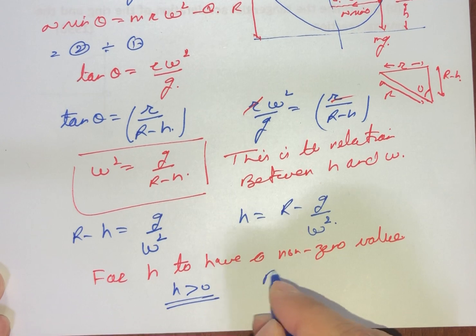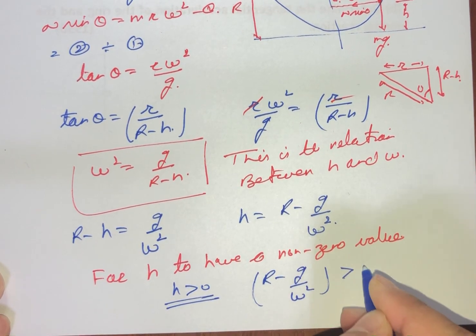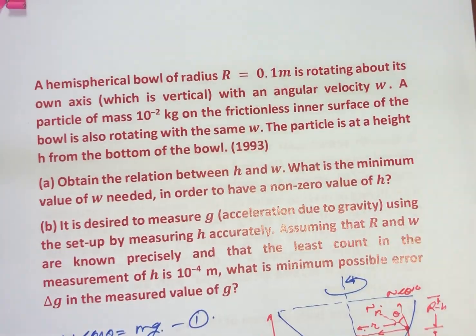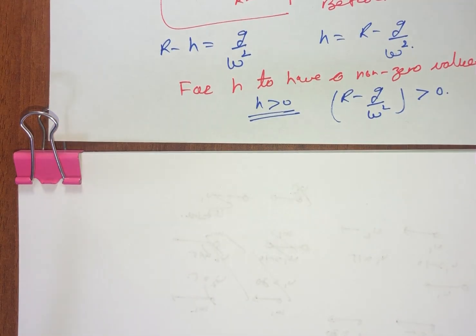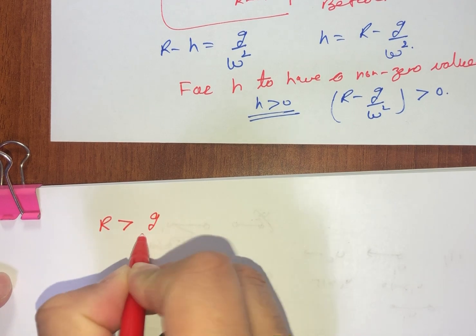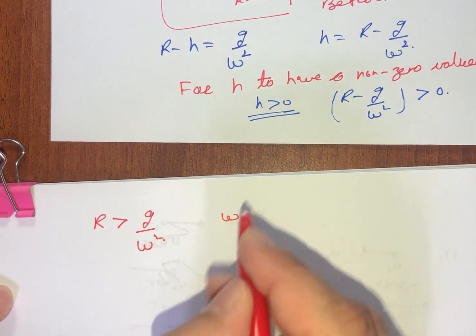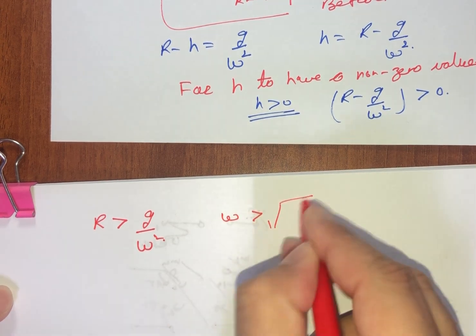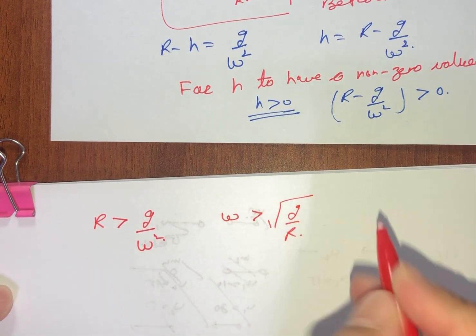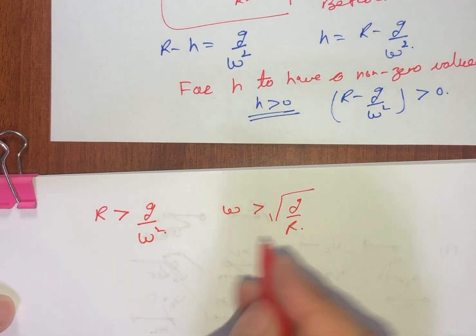So R minus g upon omega square should also be greater than 0. This gives us that R should be greater than g upon omega square, or omega is greater than square root of g upon R, and we are supposed to find out the minimum value.